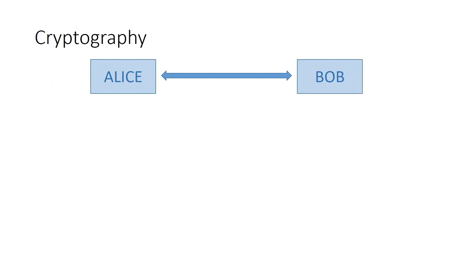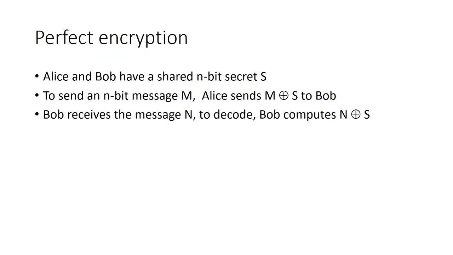So when you want to use encryption, you may need a key. For perfect encryption, Alice and Bob need to share a secret key. If they want to talk with this encrypted message, they need to prepare a message first and make this encryption using this equation, and then send it to the other.